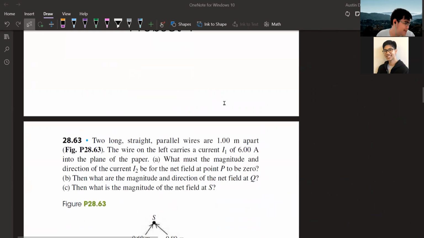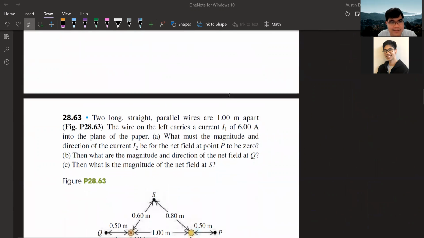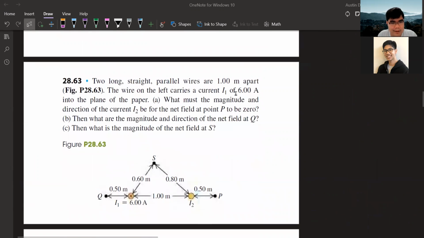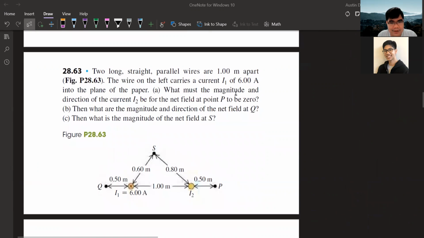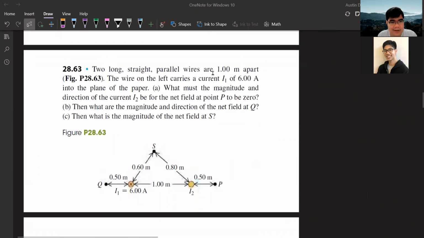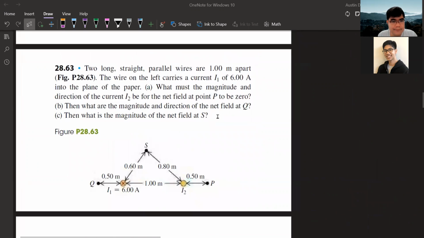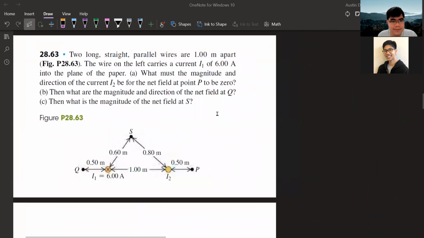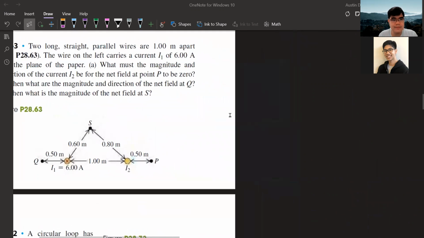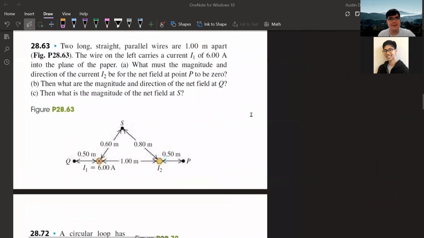Okay. Next, problem set number 4, 28.63. Okay, meron kang, tingnan natin yung mga units muna. 1 meter. Okay, so mga meters naman yung mga distances. Currents is in terms of amperes. Okay, yun lang. Okay, so yung anong kailangan natin sa problem na to?